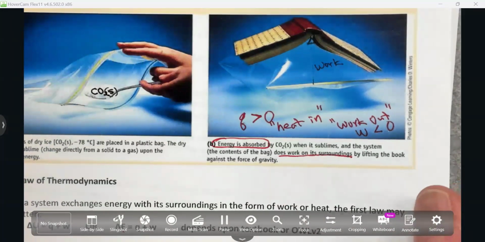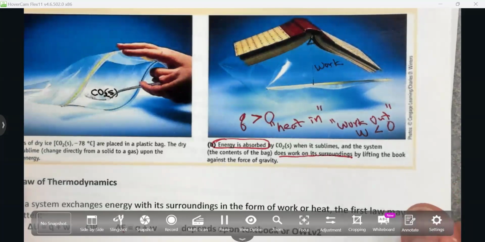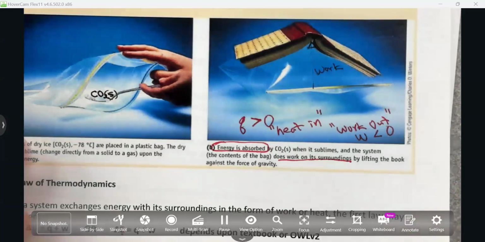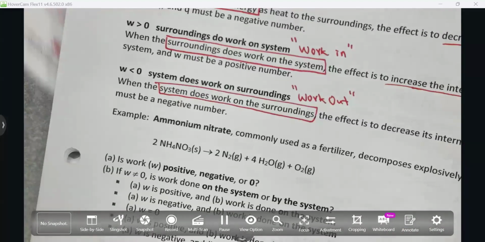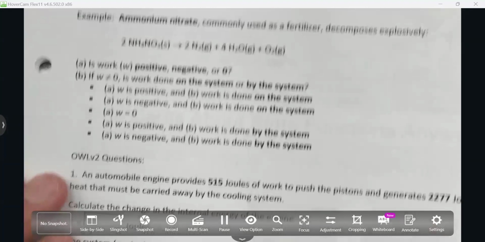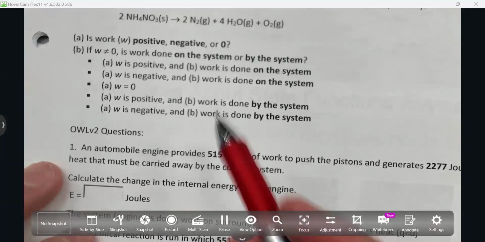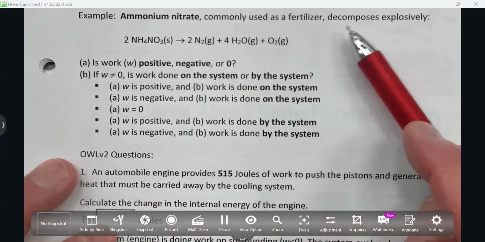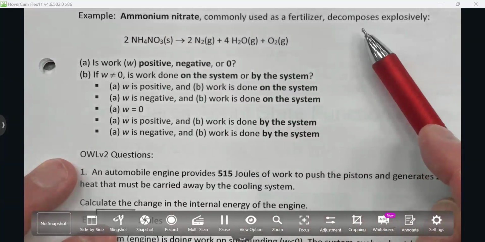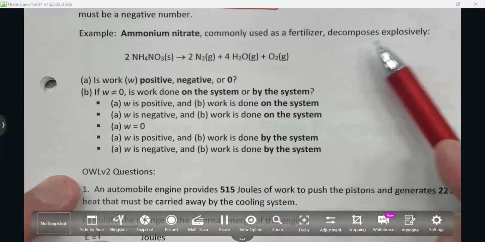Okay. Again, heat and work. What does heat do? Heat always affects the internal speed of the molecules inside, typically internal energy. Ammonium nitrate, commonly used as fertilizer, decomposes explosively.